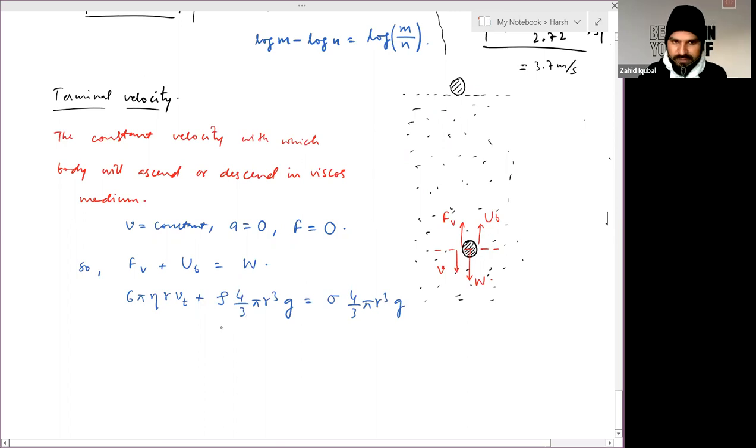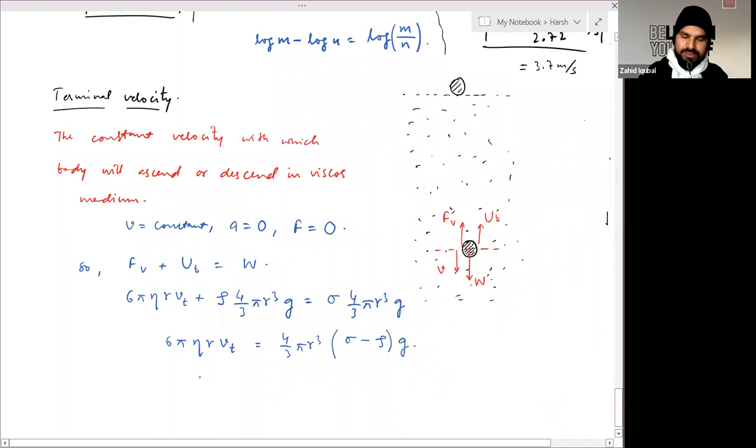So just move this buoyant force part to the right side. You'll get 6 pi eta r times terminal velocity equals, taking 4 by 3 pi r cubed common, you're left with sigma minus rho times gravity.